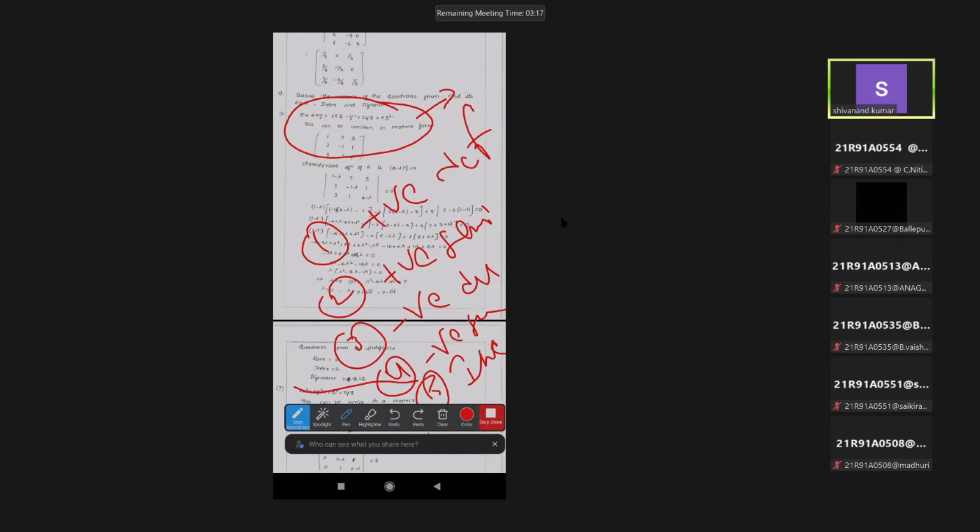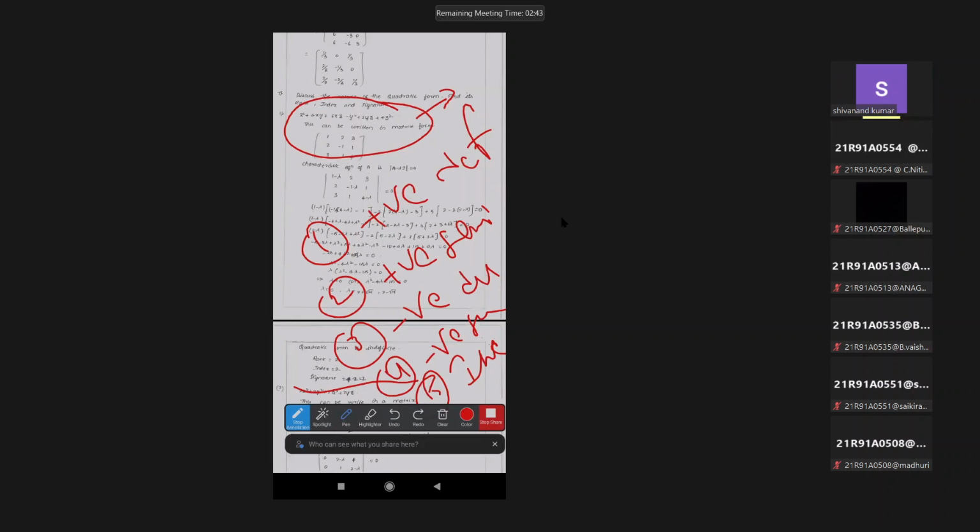If some of the eigenvalues are zeros and the remaining are positive, as we just discussed in the first problem, one is zero only and the remaining 2 are positive, then you can say positive semi definite. If eigenvalues are negative and some are zero, then it is negative semi definite. If some are positive and some are negative, with no zero, then it is indefinite. Hello, hello.